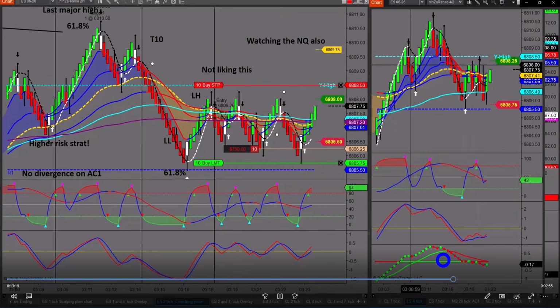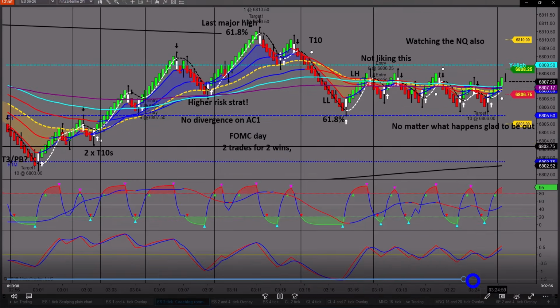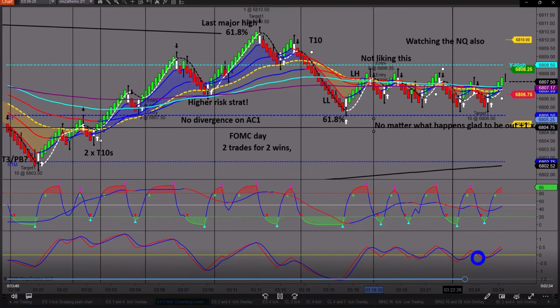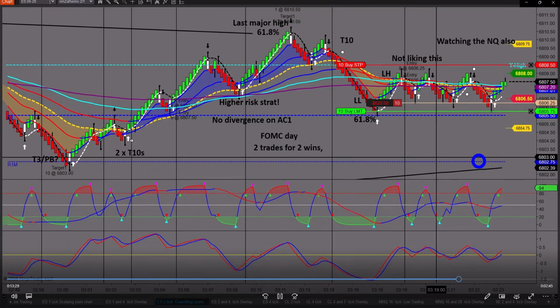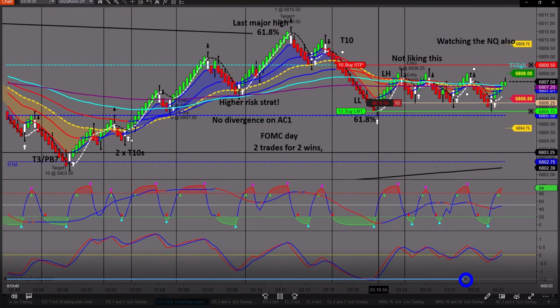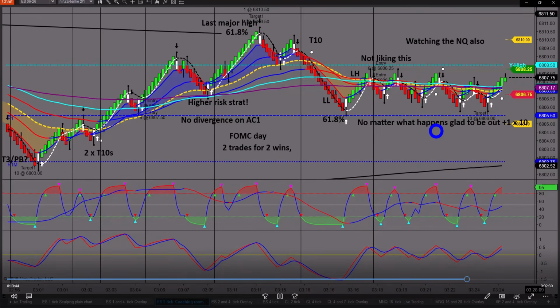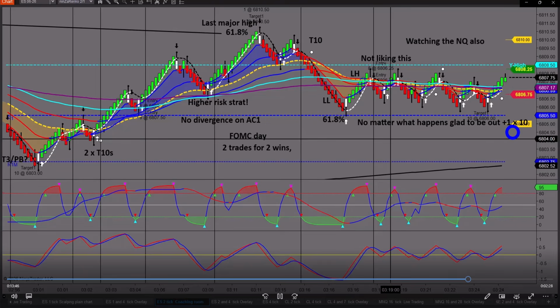It's not always, but sometimes a bit of a leading indicator. All right, so just there, it's come down somewhere there, and no matter what happens, glad to be out 1 by 10. So I just got 1 tick on that.